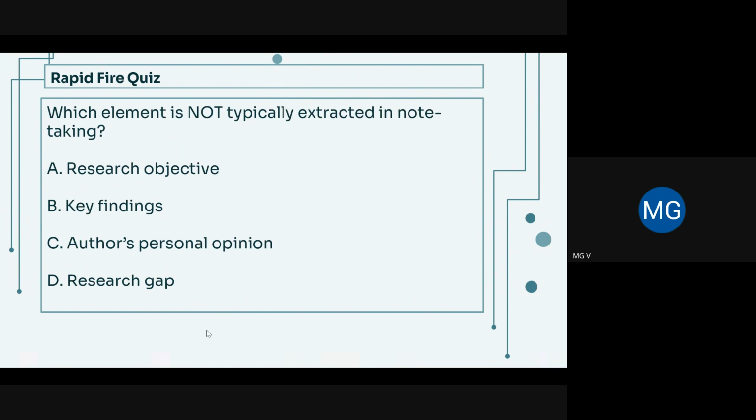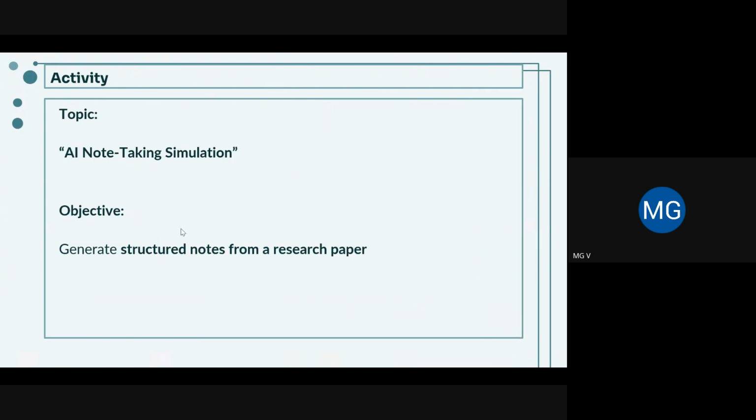Which element is not typically extracted in note making? Right. Author's personal opinion.